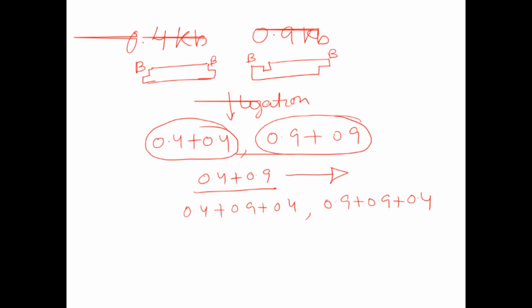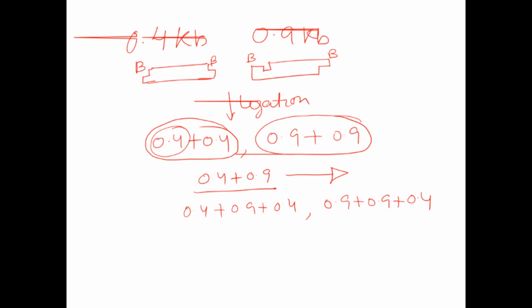If you treat one of the fragments with SIP, that fragment will not go through self ligation. Suppose I SIP the 0.4 fragment, then 0.4 is not going to ligate with 0.4. It is only going to ligate when the 0.9 comes and provides the phosphate. So, if you SIP one of the fragments, there is a high chance that you may get 1.3 kb base pair.